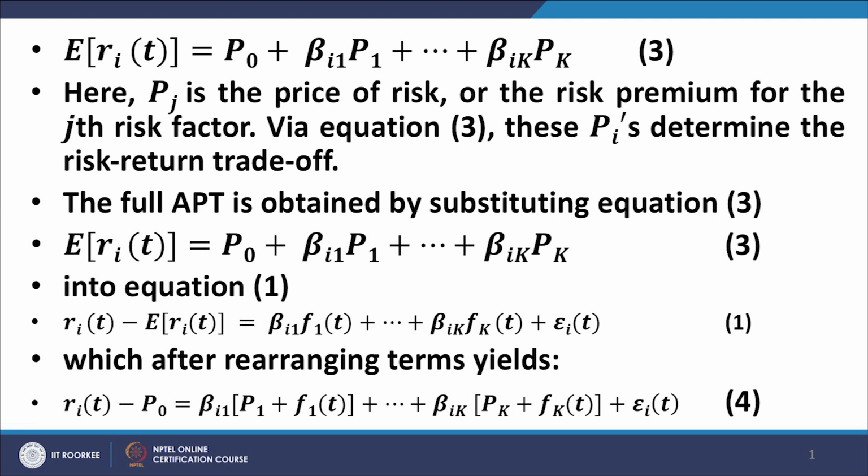The expected value of RIT is equal to p0 plus beta I1 p1 plus beta I2 p2 and up to beta ik pk. Please note the first subscript of beta is the security identity, and the second subscript of beta is the factor identity.